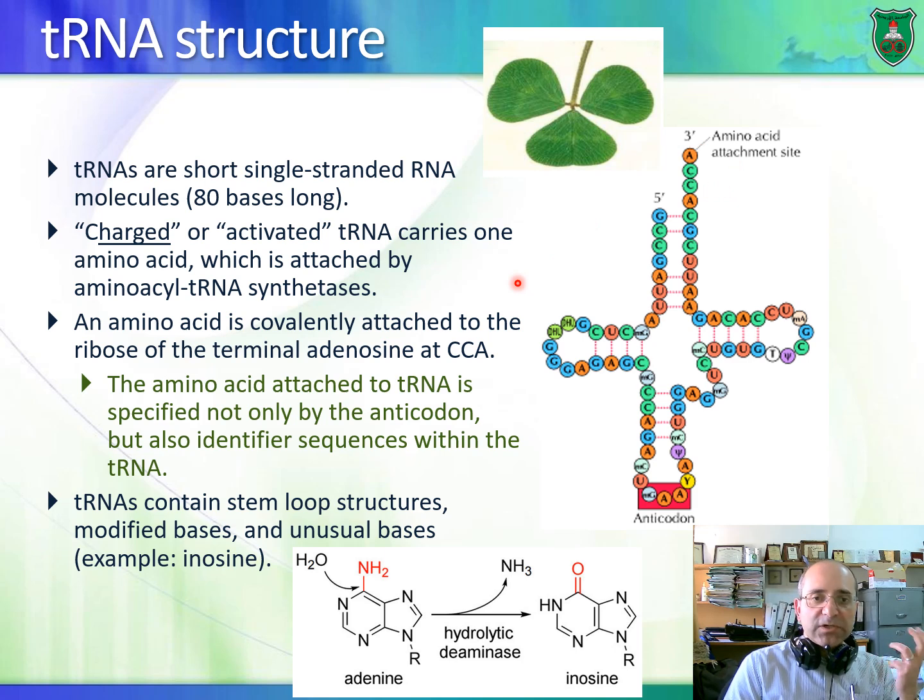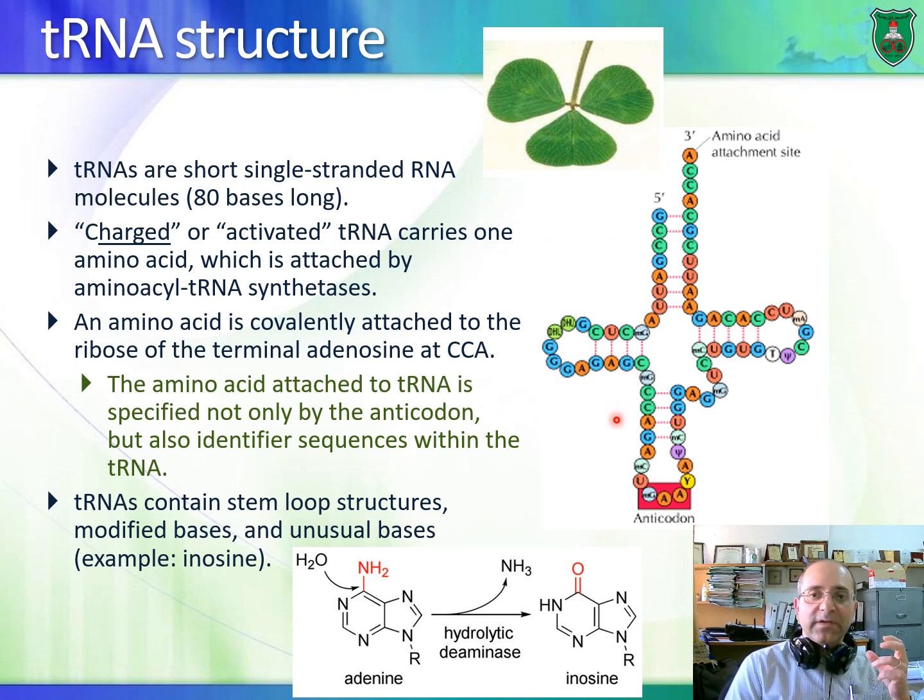Now, the structure of the tRNA molecule is quite unique. It is exemplified according to this structure right here. So it looks like what we say a clover leaf. So this is a clover leaf right here.